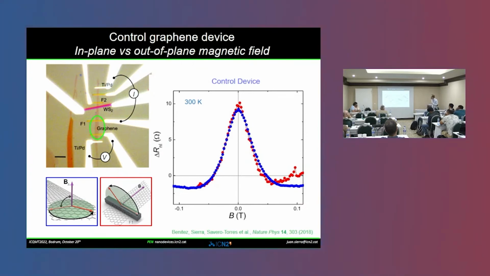So in this case we apply the magnetic field in plane. This is the precession of the spins that are coming from the spin Hall effect. You see this oscillatory signal. This is a clear indication that you have the precession and you are sensitive to this. And this is the same in the case of magnetic field out of plane.